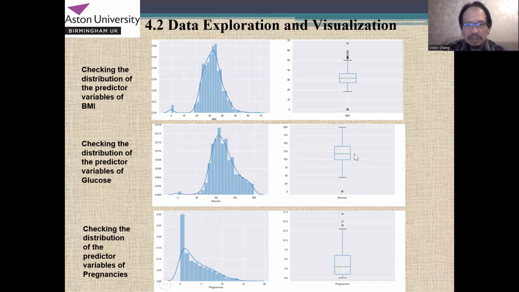But in this case, most of the normal healthy people, if they don't overeat and they also exercise, most of them are still able to keep it in the normal range. They don't go too much on one end or the other.